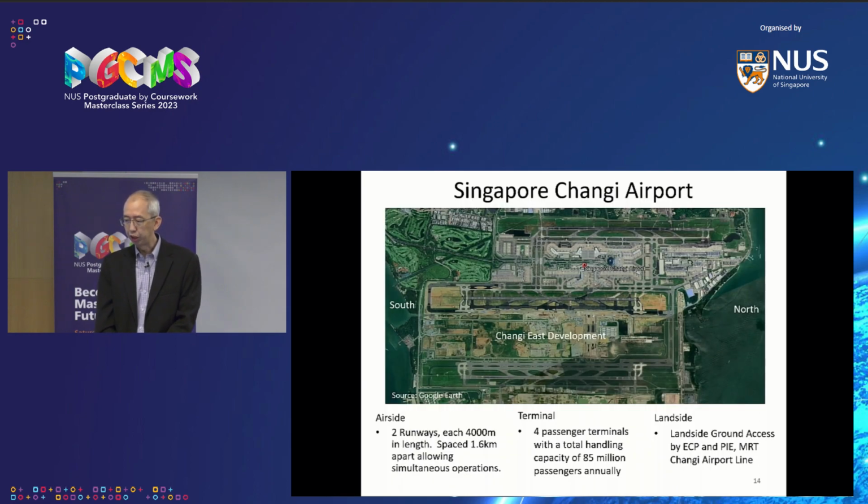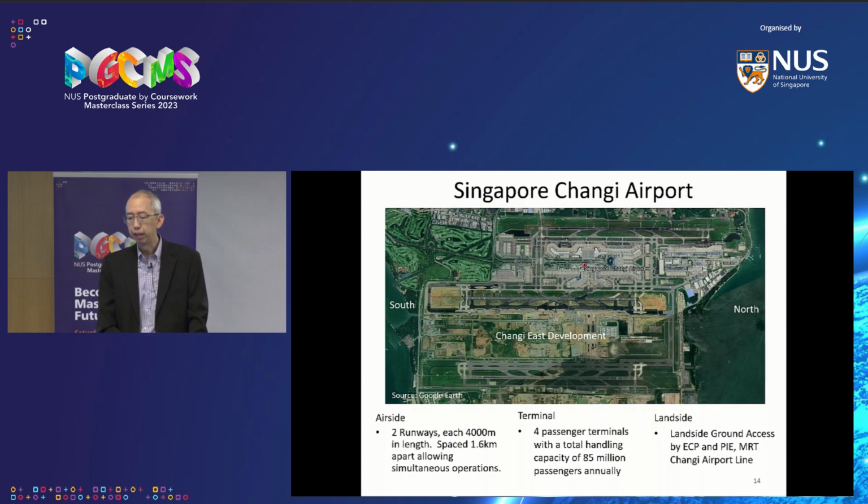So this is a picture of what's happening at Changi Airport right now. If you like looking at airports, you can go to Google Earth. It's amazing. You can go anywhere in the world. And airports, you can always spot them on the satellite pictures. So you can see runway 1 on the top, then in between is runway 2, and then runway 3 is already commissioned. So right now we are having 2 runway operations, runway 1 and runway 3 at the bottom.